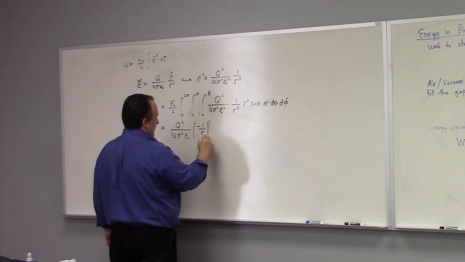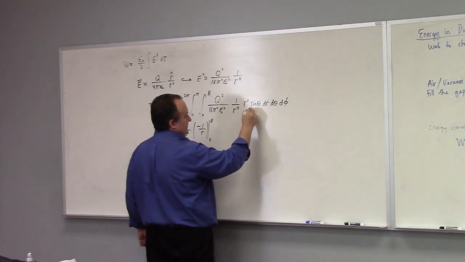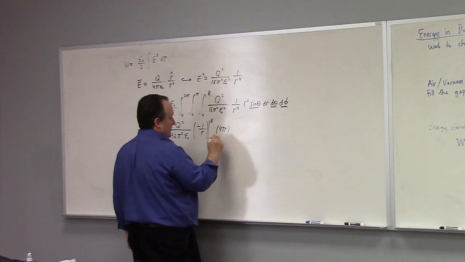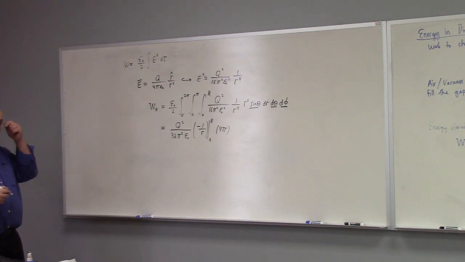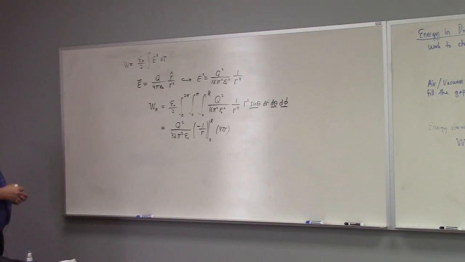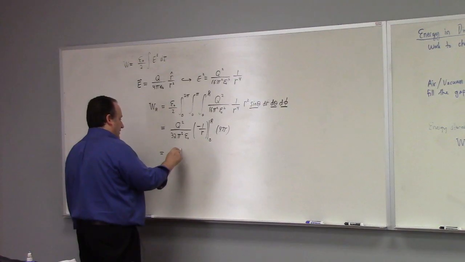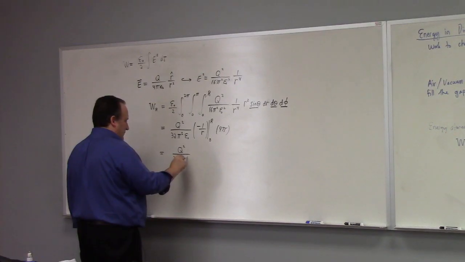So I take that and evaluate it from 0 to R. And this jazz over here, we know what that integrates to: 4 pi. We've been down this road before. The integral of sine gives you 2, the integral of d phi gives you 2 pi, 2 times 2 pi, 4 pi. And so if I haven't made a mistake, oh man, this seems like it actually is calculable. That doesn't feel right.